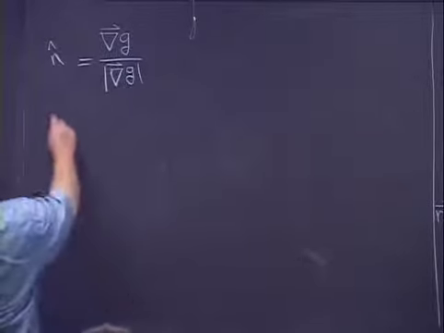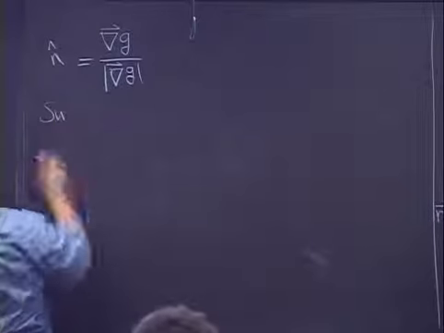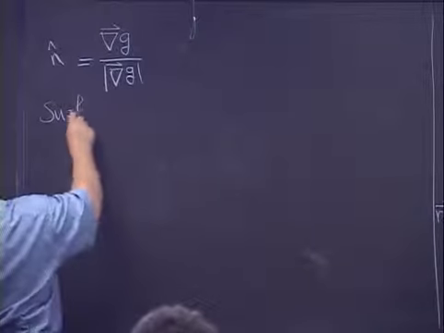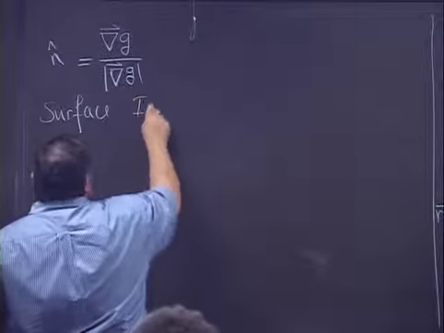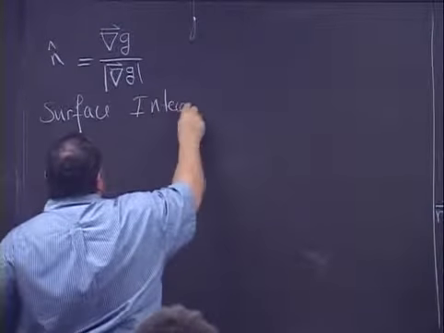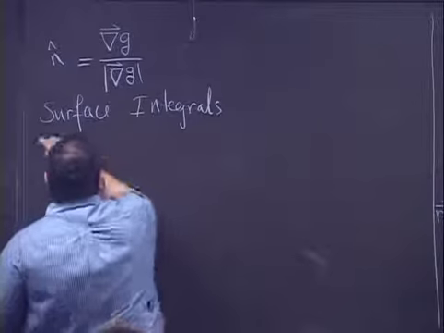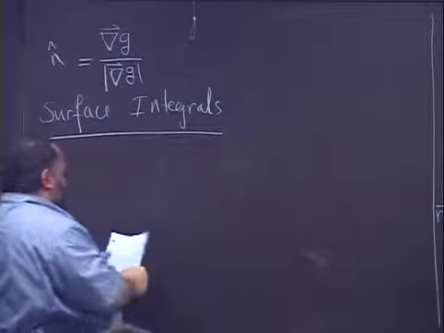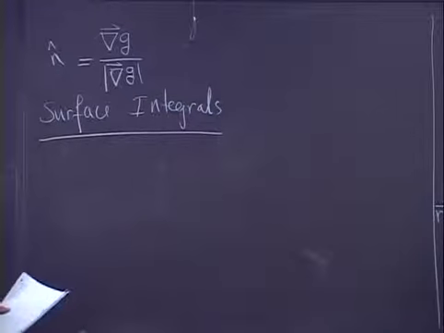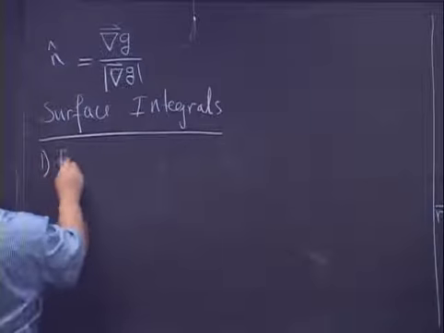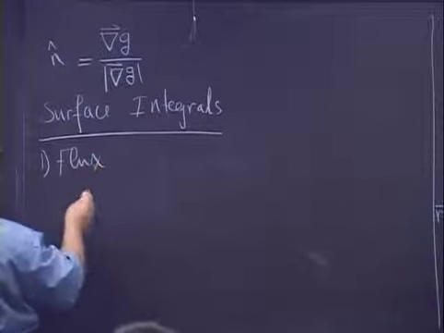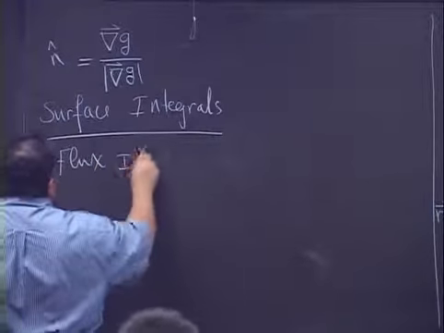So we looked at the surface representation, so let's look at some surface integrals. And there are several types of surface integrals that we will be looking at. So let's first look at, for example, the calculation of flux integral at a surface.